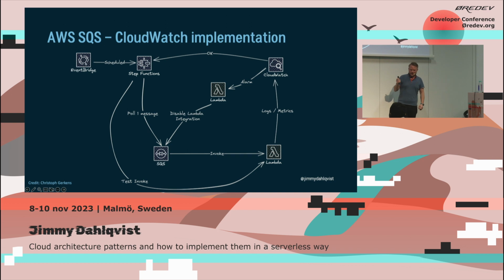Well, what we can do is that our processing Lambda sends logs and metrics to CloudWatch. If we start getting failures from that Lambda function, CloudWatch would trigger an alarm. That alarm can then disable the Lambda integration on the SQS queue. So we remove the Lambda integration, meaning that we stop processing. We open the circuit.